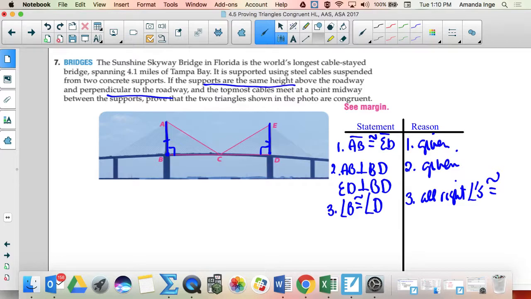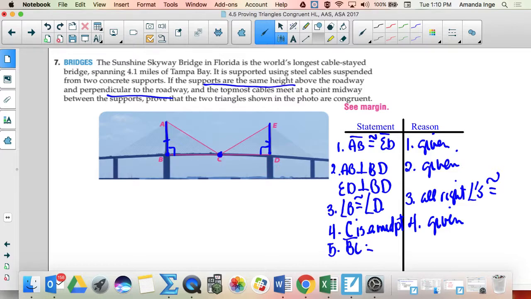It goes on to say the topmost cables meet at a point midway between the supports. Number 4, C is a midpoint. Given. So if C is a midpoint, what do you know about BC and DC?